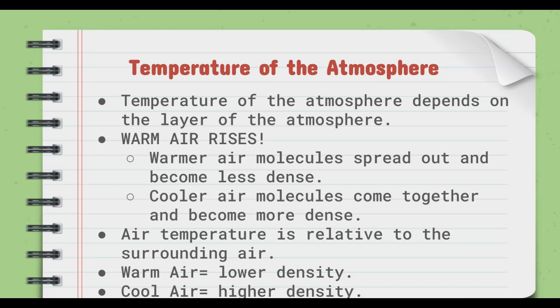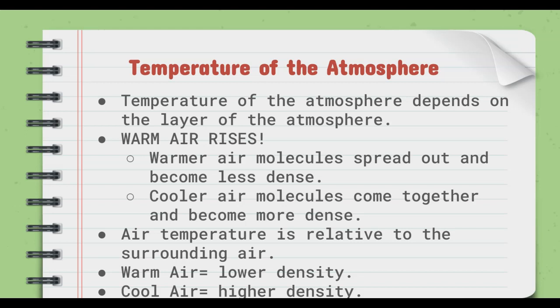Cooler molecules will come together and become more dense, and cool air will sink. That's going to be a very important concept to understand when it comes to talking about air masses in the near future.